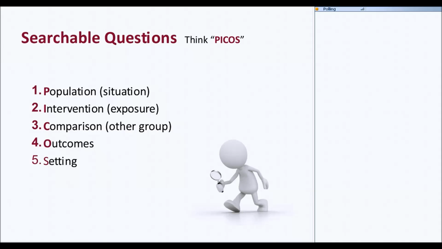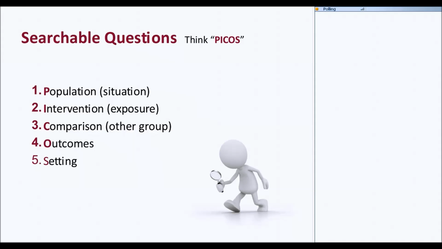So PICO can be very helpful in moving from knowing that there's an issue that needs addressing, let's say at a community level, to searching for evidence to address that issue. A PICO lets you define quite specifically what it is you're hoping to find.